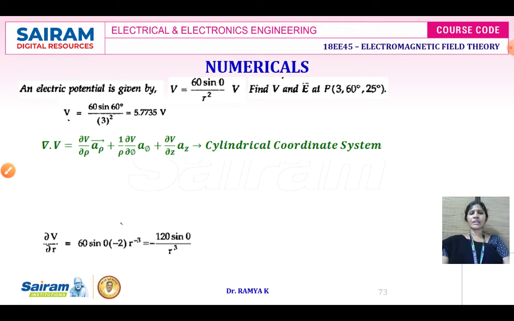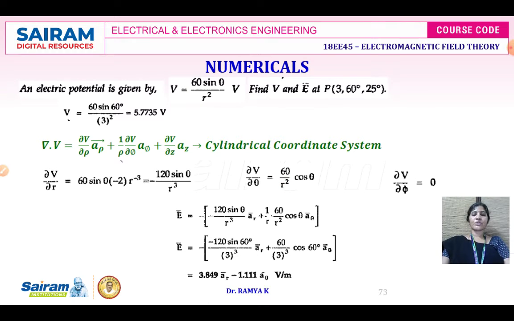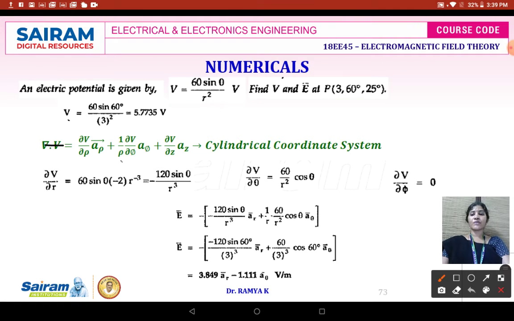This is cylindrical, so that is not used. First, ∂V/∂r, if you identify it, you are getting 120 sin theta divided by r cube, that is 60 by r square into sin theta. ∂V/∂phi is going to be 0.